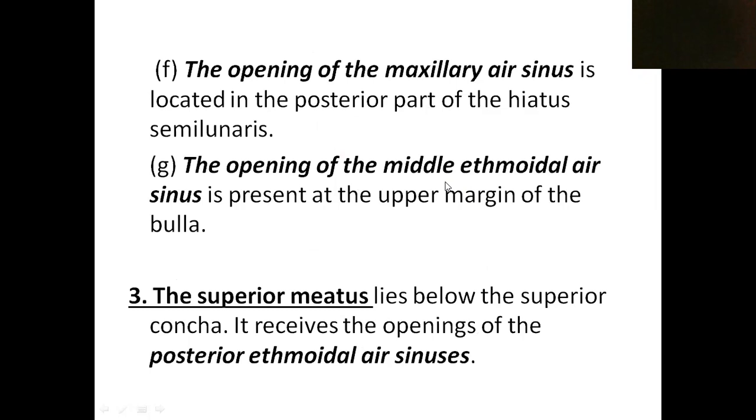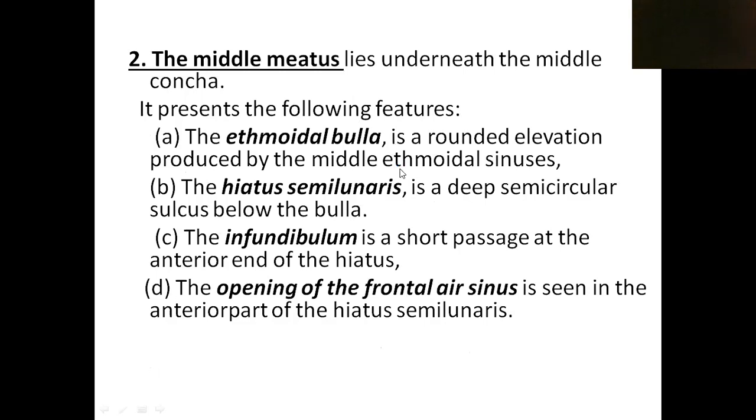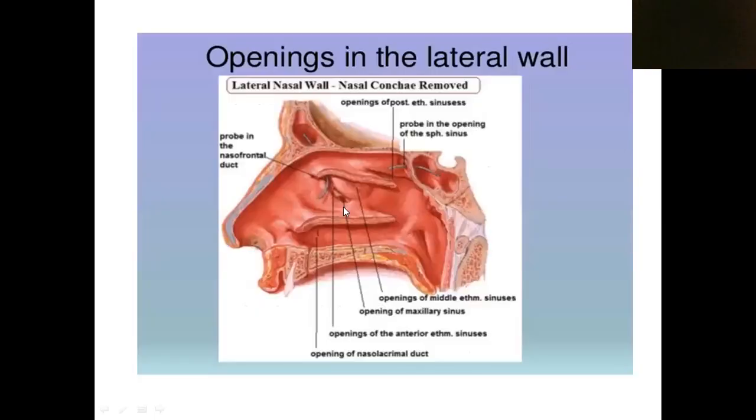The opening of the middle ethmoidal air sinus is present in the upper margin of the ethmoidal bulla. It is seen on the ethmoidal bulla. Here we have one more opening, that one is the opening of the anterior ethmoidal air sinus.